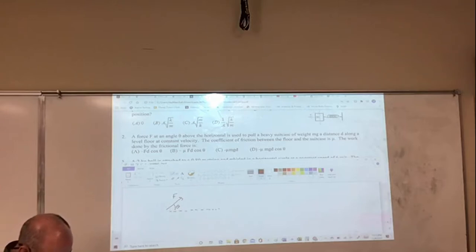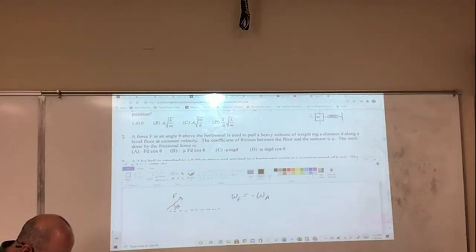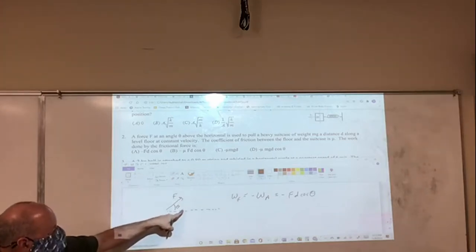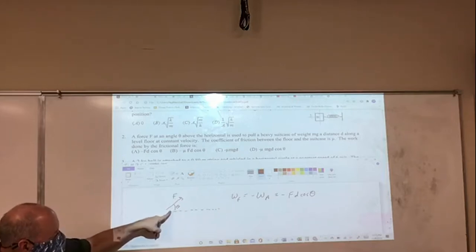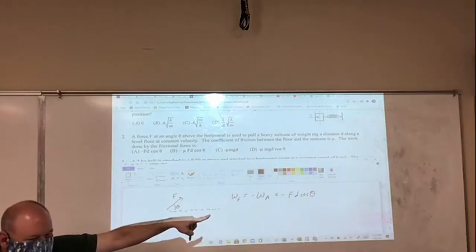So if I wanted to think about this one way, I could think of the work of friction equals the opposite of the work done by the applied force. And that would mean I'd need to figure out how much work was done by the applied force. Okay, and I know that that's going to equal the opposite of F d cosine of theta. And remember, we don't have to worry about figuring out what that force is in the x direction. Our formula does it for us, right?